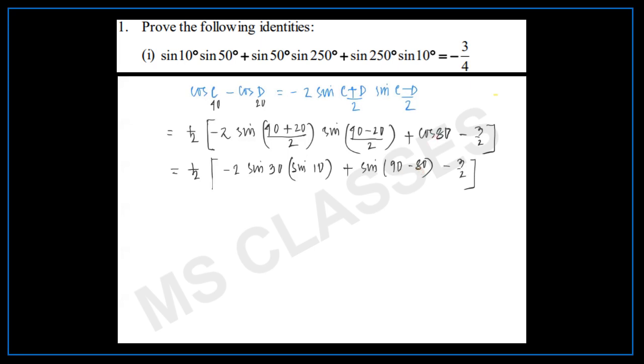Now half of minus 2 into sin 30, which is half, sin 10, plus sin 10, minus 3 by 2, and that gives us minus 3 by 4.